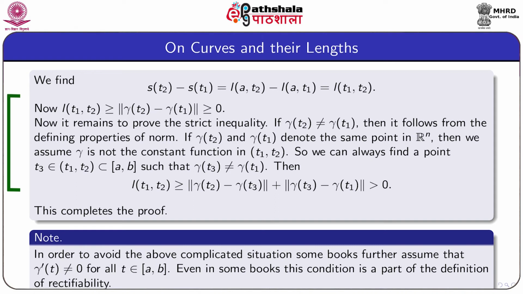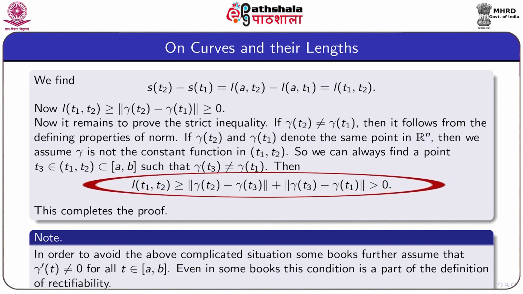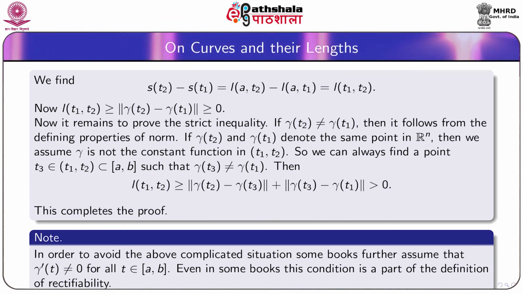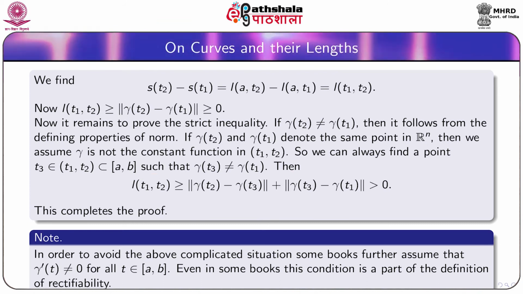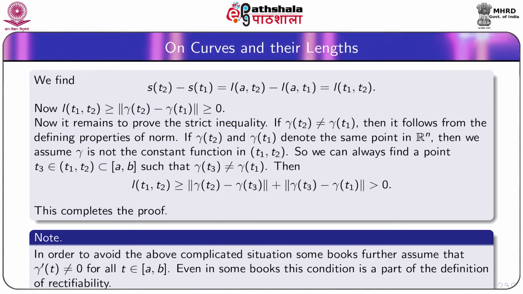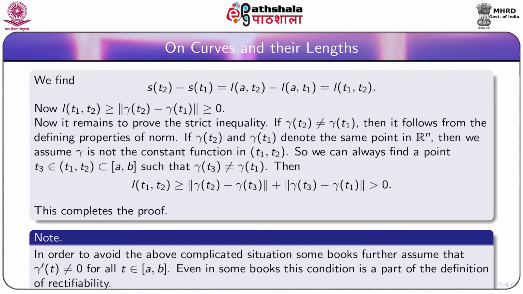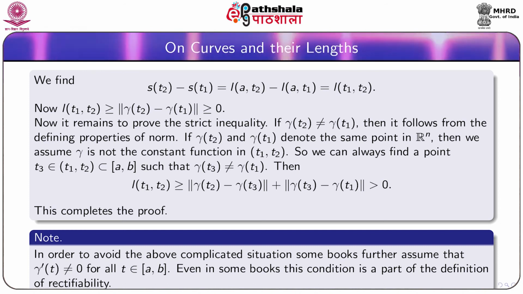So, we can always find a point t3 in the open interval (t1, t2), which is a subset of [a, b], such that gamma(t3) is different from gamma(t1), that is gamma(t2). Then L(t1, t2) is greater than or equal to the sum of the norm of gamma(t2) minus gamma(t3) plus the norm of gamma(t3) minus gamma(t1), which is strictly greater than 0. This completes the proof.